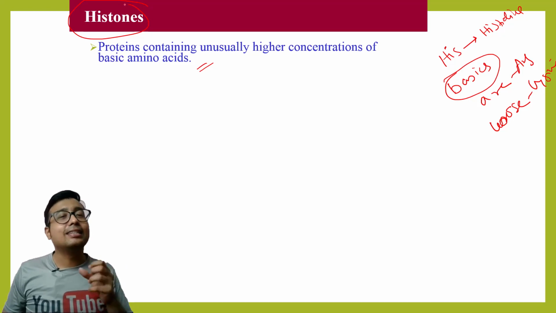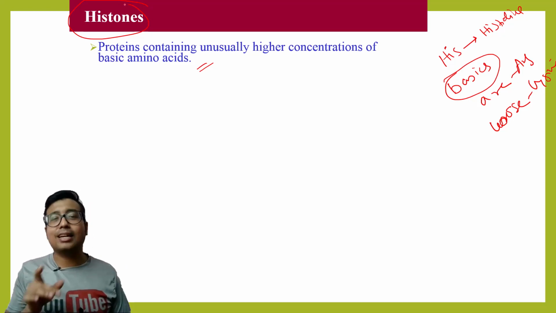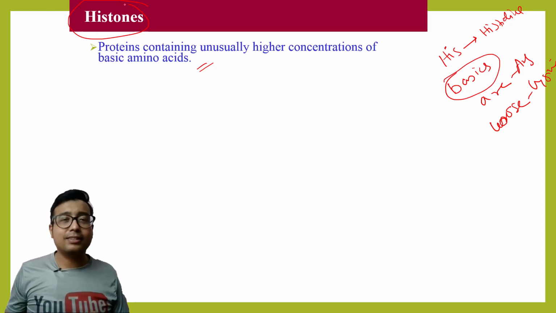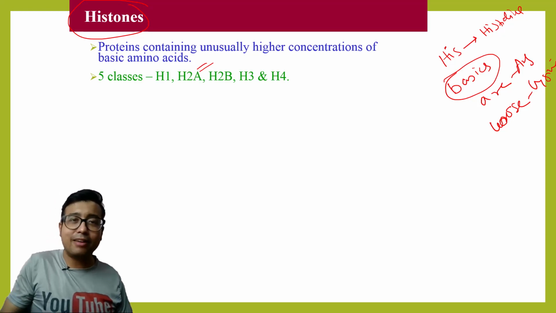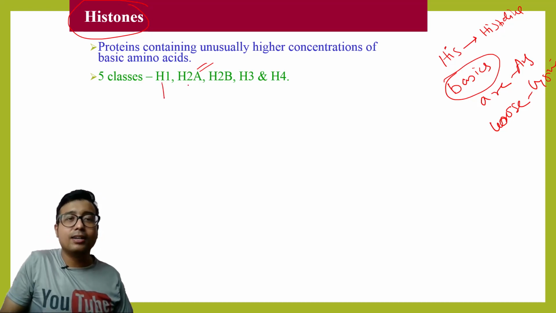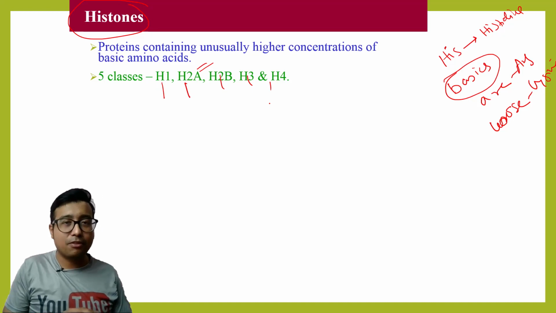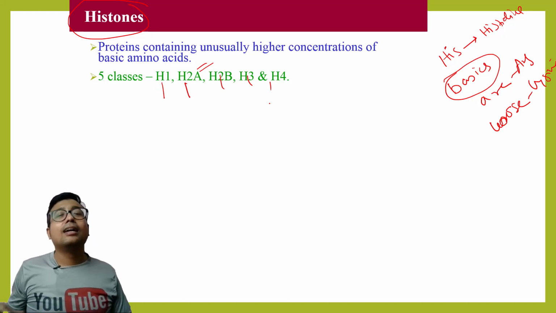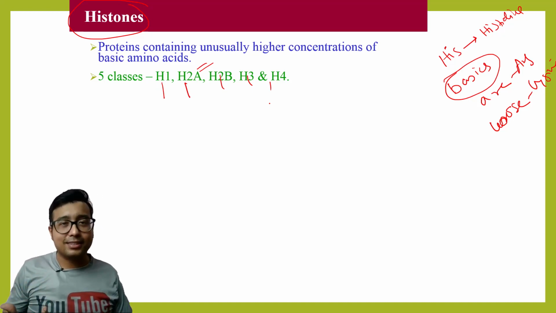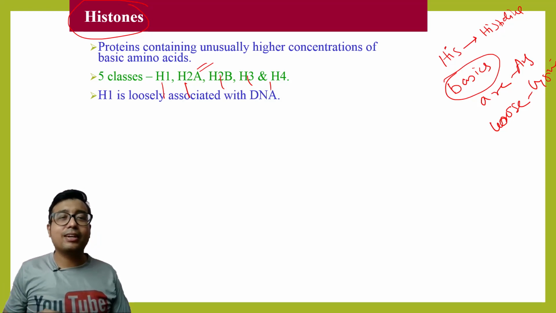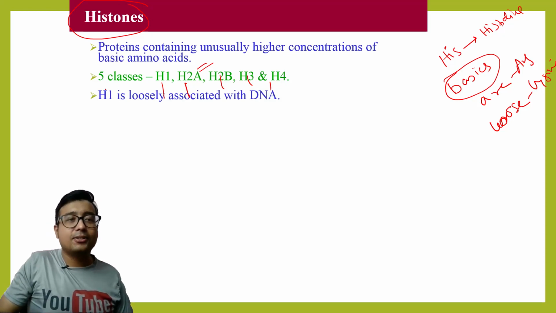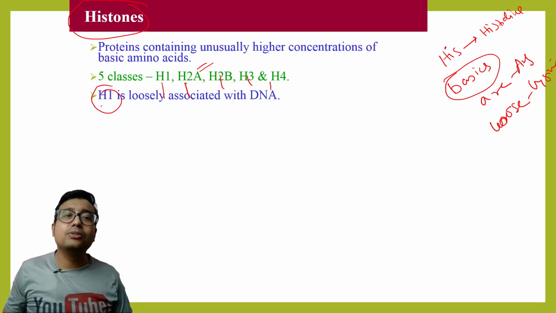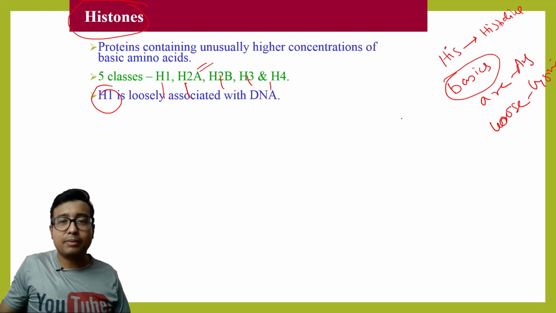Along with histidine, there are a few other amino acids that help to classify the histone proteins. So there are 5 classes of histone proteins: H1, H2A, H2B, H3 and H4, right? Now they also vary in concentration. One thing you should know is that H1 is loosely attached to the DNA. It forms an octamer, okay?